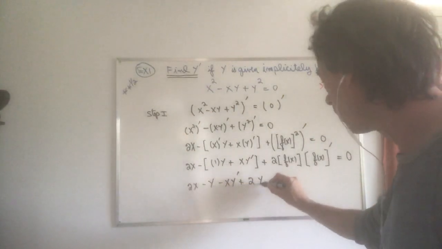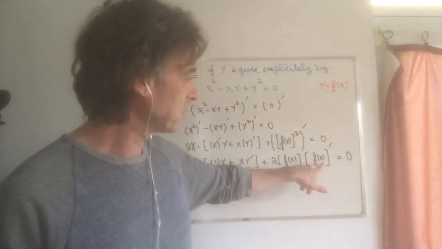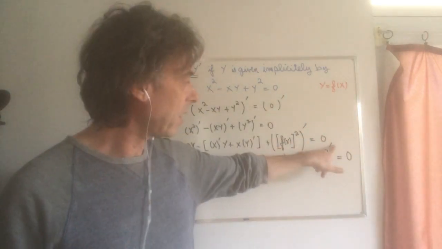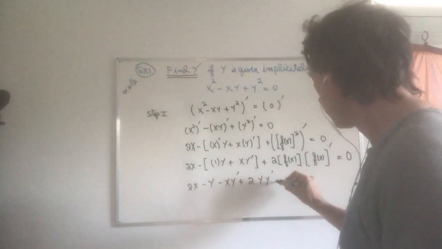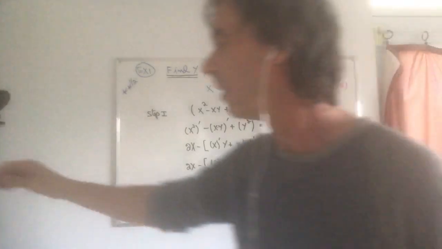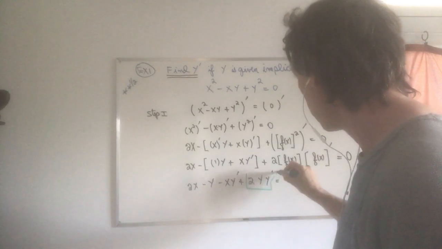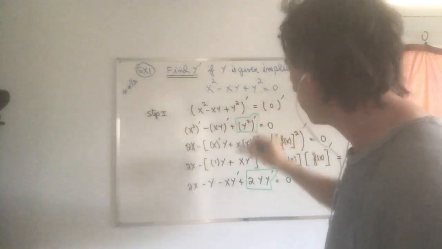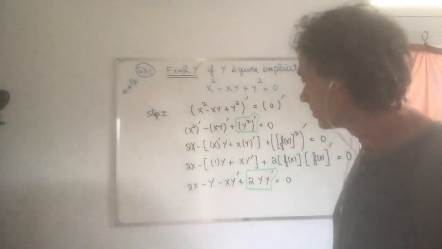So 2y, and f of x prime is going to be written now as y prime. As you can see, you have here a concise form of the derivative of y squared. The derivative of y squared is actually 2y times y prime. We're going to meet that sort of chain rule again in later problems today.